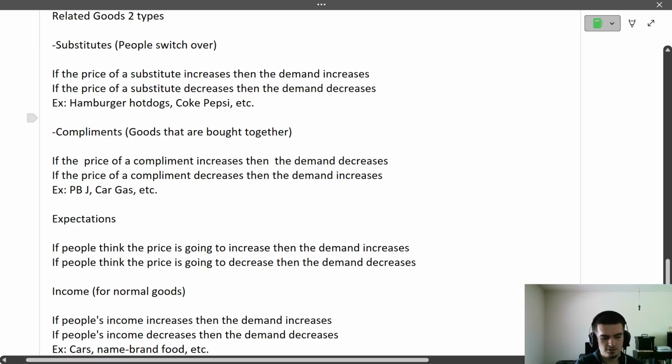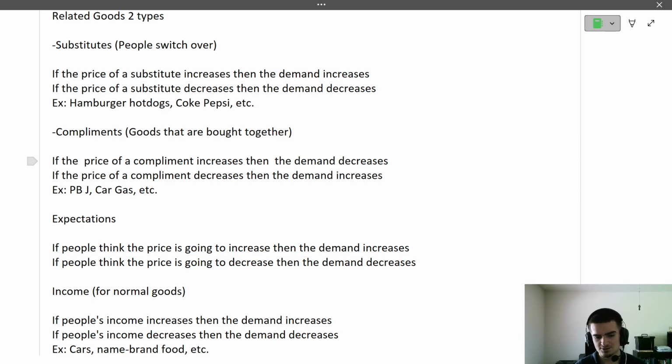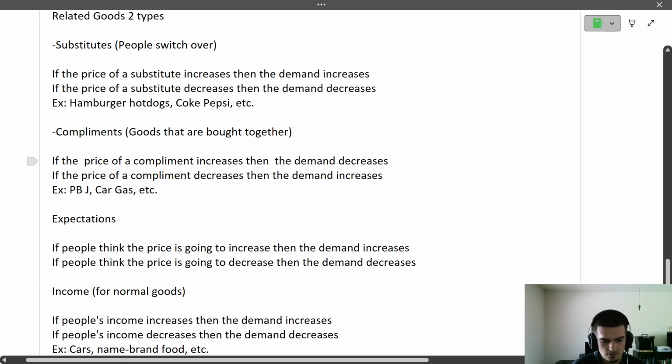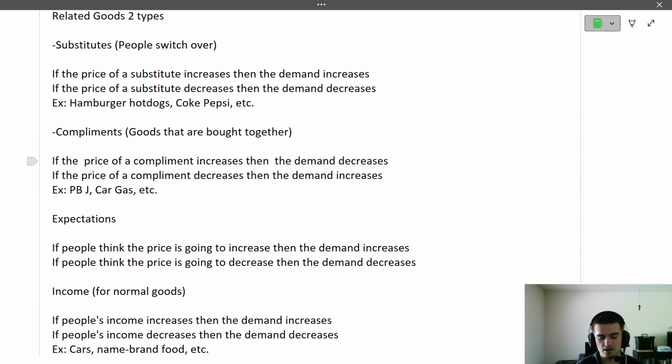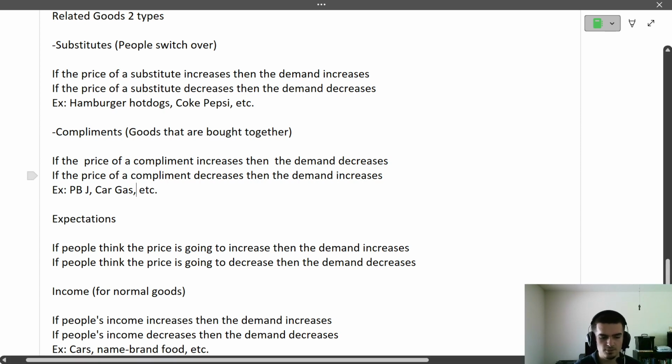If the price of peanut butter goes up, then you're going to be making fewer peanut butter and jelly sandwiches, so you start buying less jelly, even though the price of jelly didn't change. So the relationship's opposite. If the price of a complement decreases, then your demand will increase. If peanut butter becomes cheaper, then you're going to start buying more jelly because you may be making more peanut butter and jelly sandwiches.